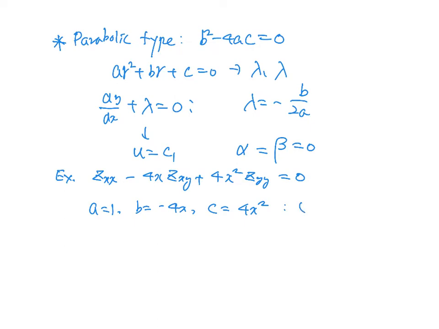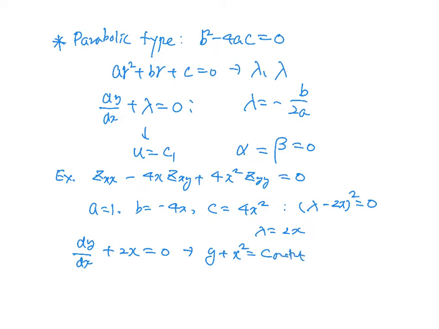So that means lambda minus 2x squared is equal to 0, or lambda is 2x. So dx over dy plus 2x equal to 0, y plus x squared is c1, constant. So we can set u is y plus x squared, right?